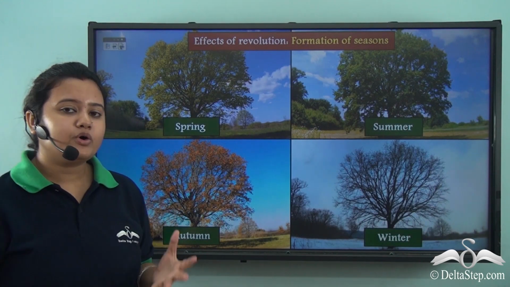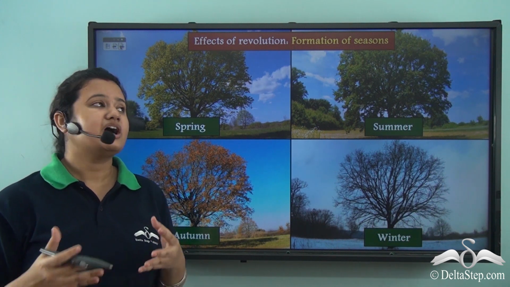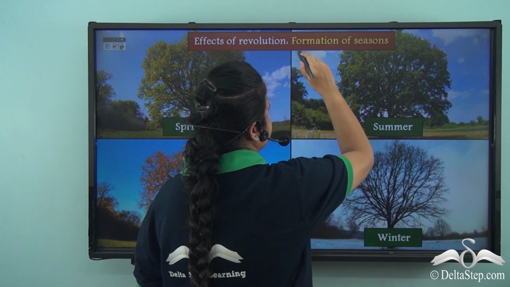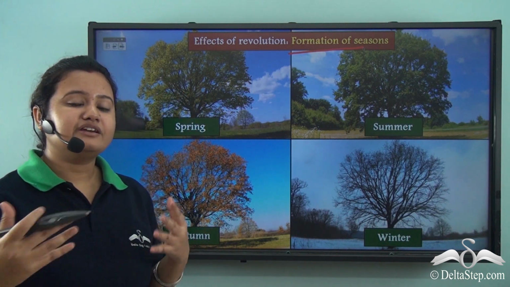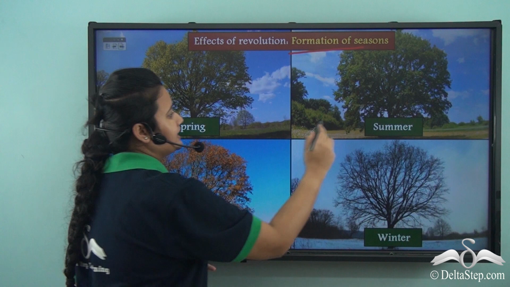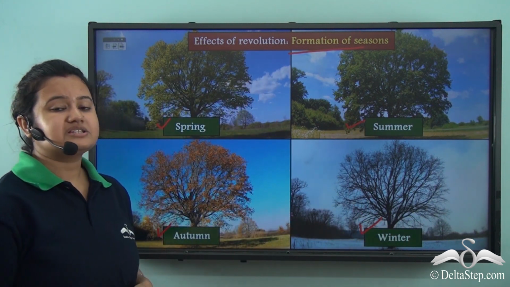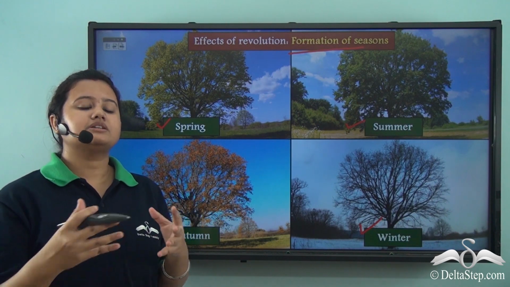Now, an important effect of the Earth's revolution around the sun is formation of seasons. The different seasons that we get to enjoy on Earth, like spring, summer, autumn and winter, occur because the Earth revolves around the sun.